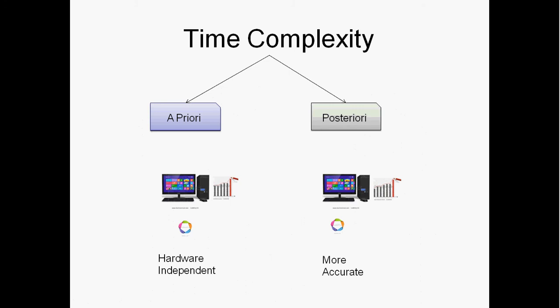Nowadays, when you are working with algorithms, in most cases you work with only a priori time complexity. So you will always see asymptotic notation when a priori time complexity comes into the picture. So asymptotic notation is nothing but time complexity represented based on a priori analysis. Let's see how asymptotic notation works, but first, which are the types of asymptotic notations.